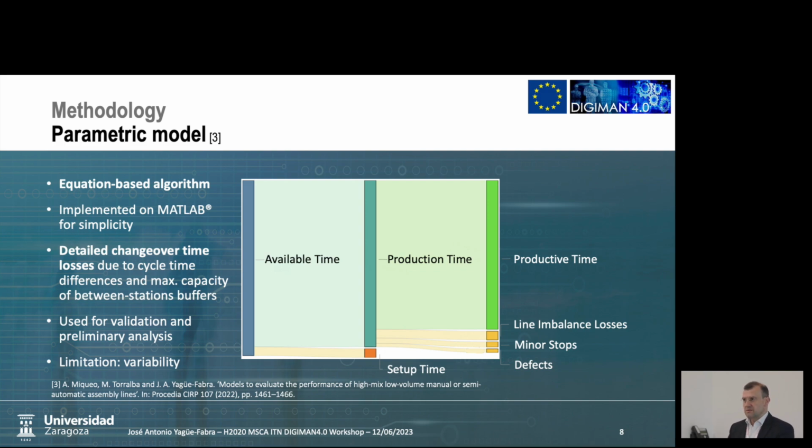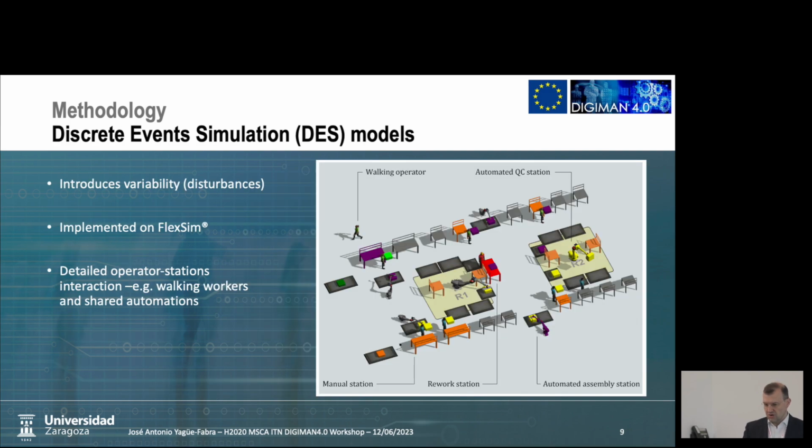I'm telling you a little bit more about this model in a few minutes, but there is a main limitation, variability. We cannot introduce variability there in an easy way, or not in a realistic way with all those equations. So we also developed this other model. This is, well, not so straightforward.